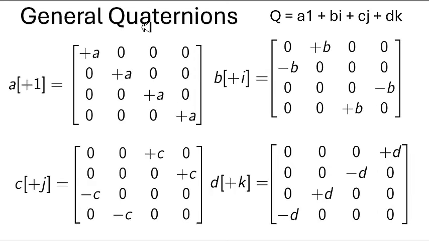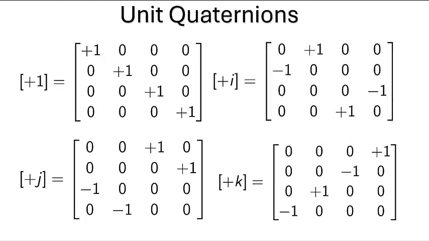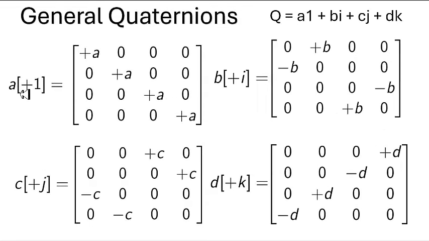So the general form of quaternions, which is A1 plus BI plus CJ plus DK, can be seen here. And so basically, if you take the real value A and multiply it by the 1 matrix, which is this matrix here, the scalar A, the number A, whatever that is, can be positive or negative.